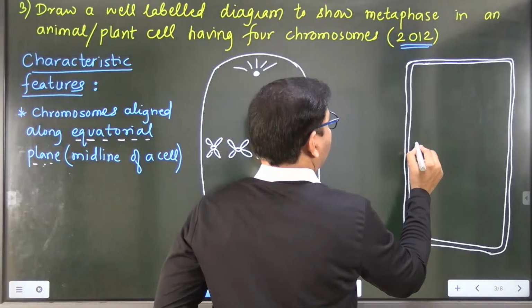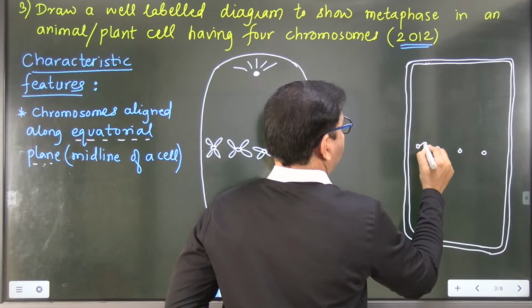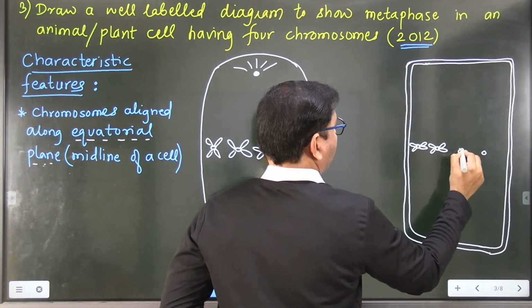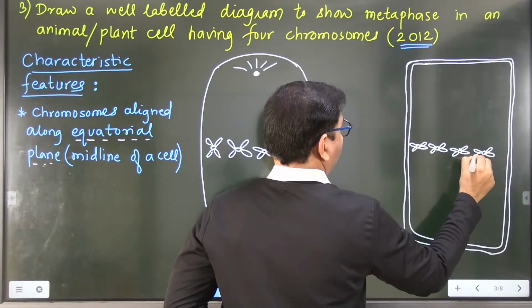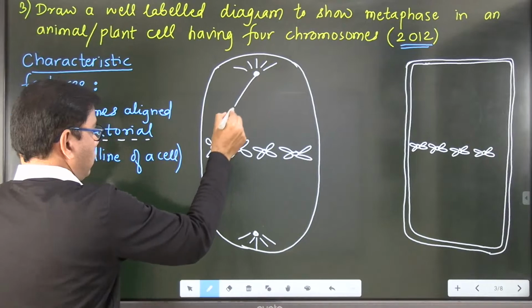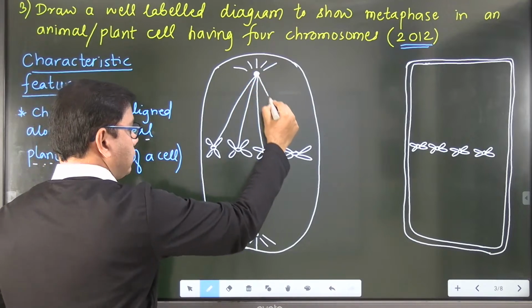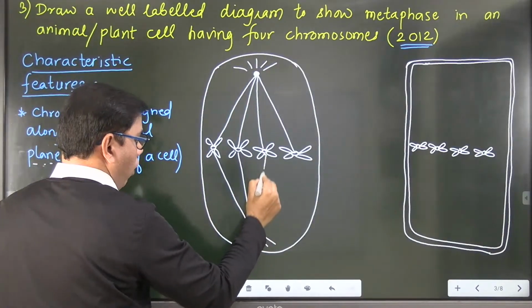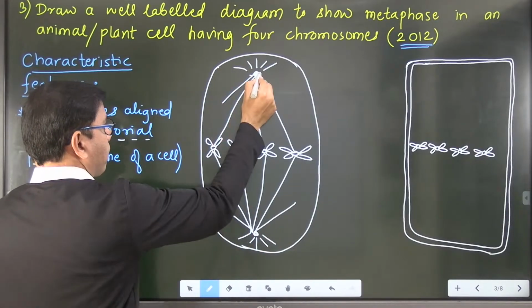Here also 4. 1, 2, 3, and 4. Now we will draw spindle fibers, right? On these spindle fibers, chromosomes are attached along the equatorial plate. You can draw two extra also spindle fibers.